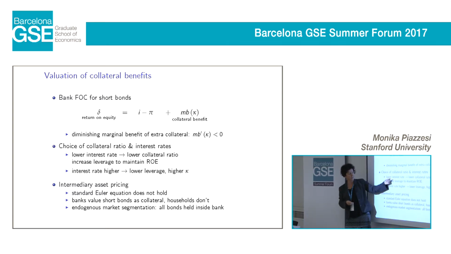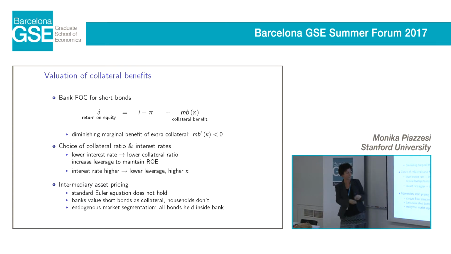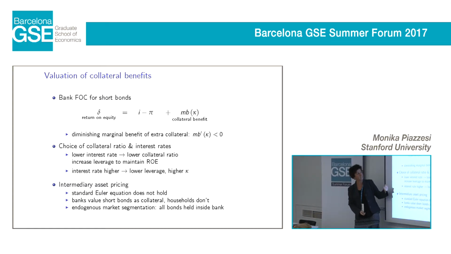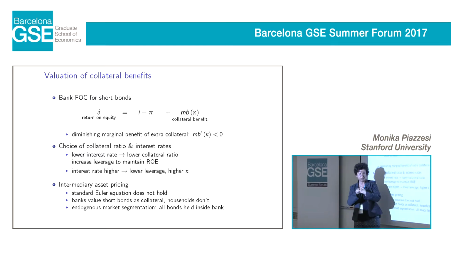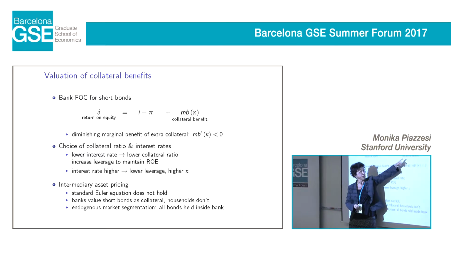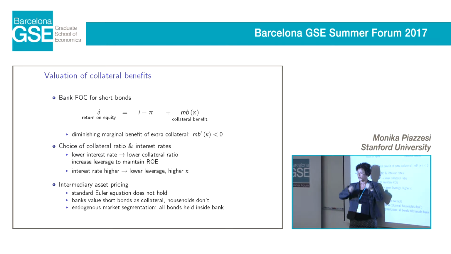If the return on the asset that they invest in goes down, here I'm lowering the interest rate, what they have to do is increase leverage to maintain the same return on equity. That means increasing leverage and lowering the collateral ratio. So you can already see that this first-order condition bakes in a tight relationship between collateral ratios and real interest rates, and they move together.